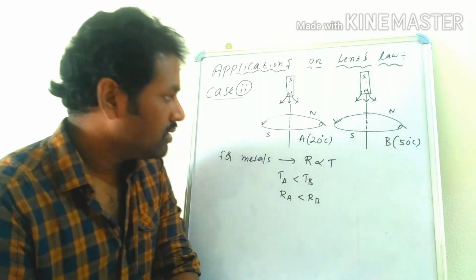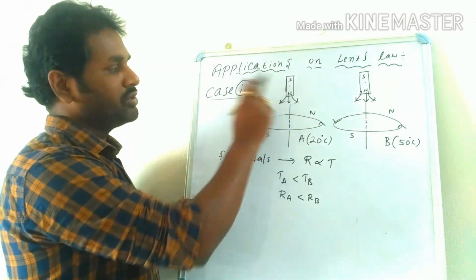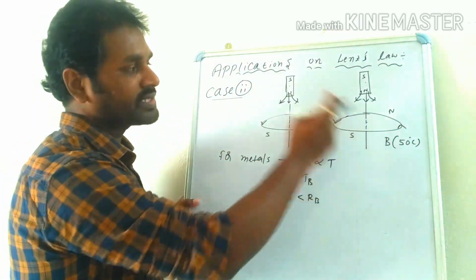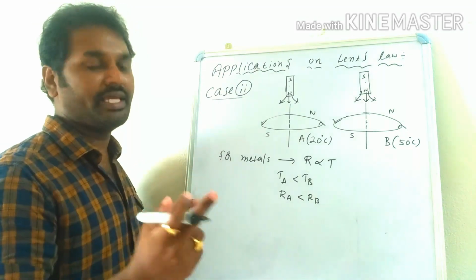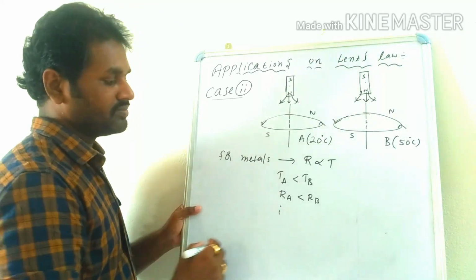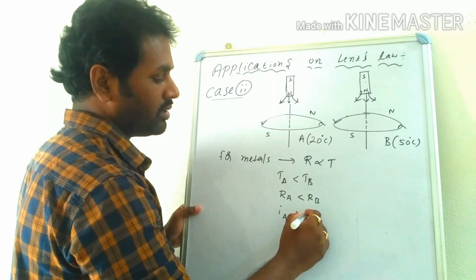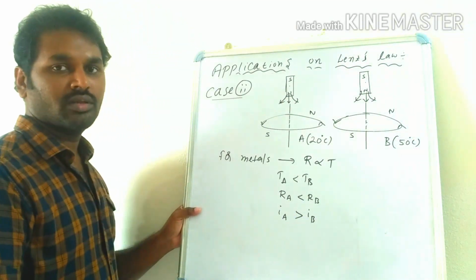The induced current created due to the change in magnetic flux is more as compared to the induced current in the metallic ring B. So we can write: induced current in A is more than induced current in ring B.